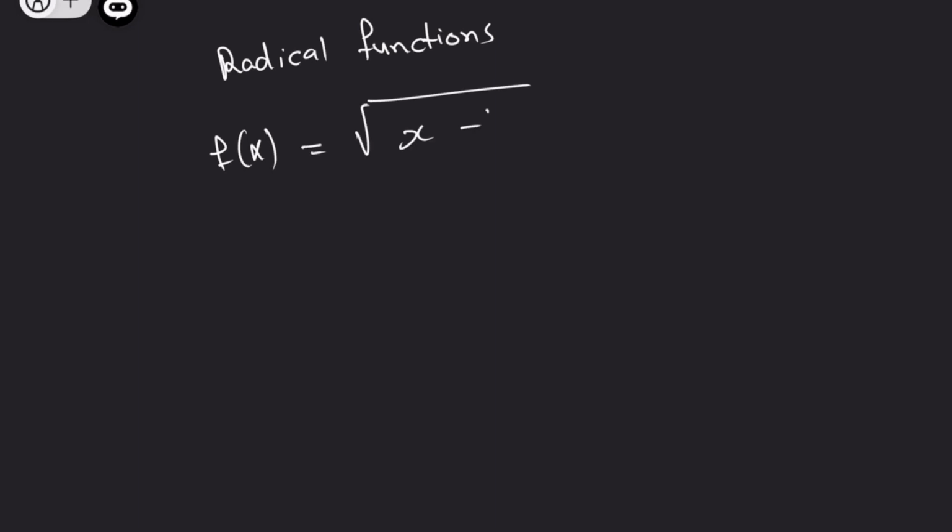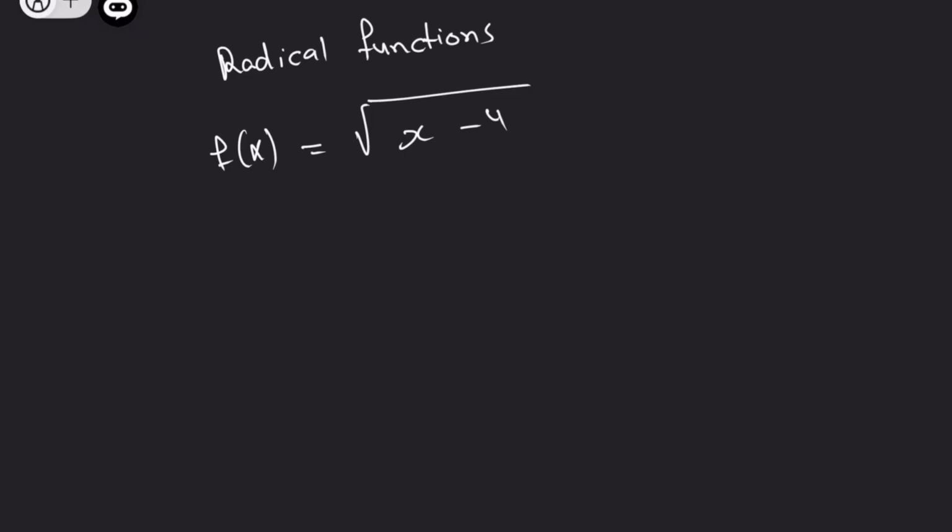Now let's go with the radical functions. There's a function, I can write it like this: f(x) equals the root of x minus 4. So here, any function under the root, square root, cubic root, any root, we call it a radical function.